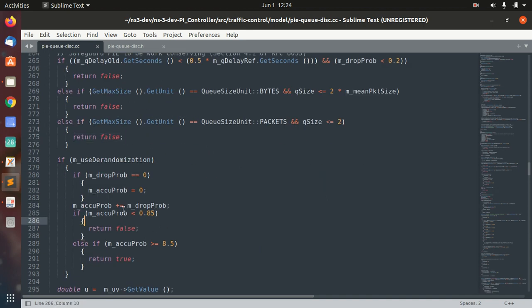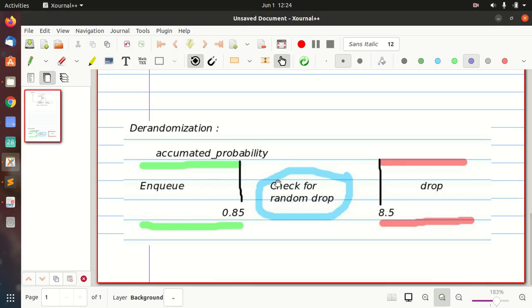Then another concept comes, called de-randomization. If you see what happens, sometimes the PI algorithm drops the packets very frequently, and sometimes it drops the packets so sparsely, that it creates a deviation in the link utilization and also the queue latency.